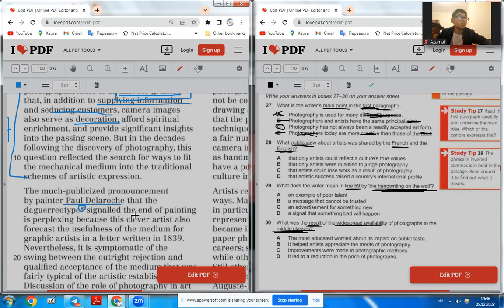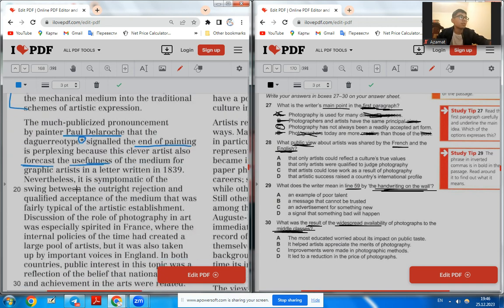Signals the end of painting is perplexing, because this clever artist also forecast the usefulness of the medium for a graphic artist in a letter written in 1839. Nevertheless, it's symptomatic of the swing between the outright rejection and qualified acceptance of the medium that was fairly typical of the artistic establishment.